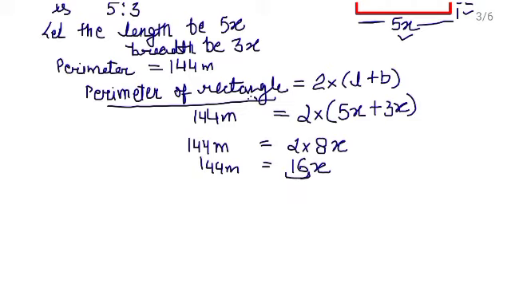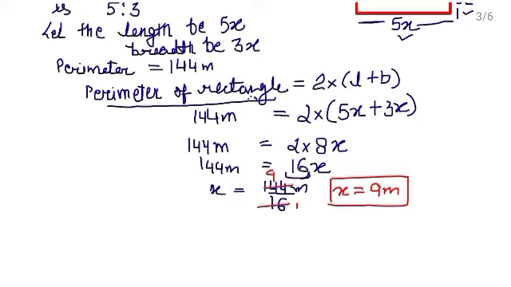Here this is in multiplication. After moving to the other side, this will be in division. So x is equal to 144 meter upon 16. 16 ones are 16, 16 nines are 144. So the value of x is 9 meter. This is the value of x.